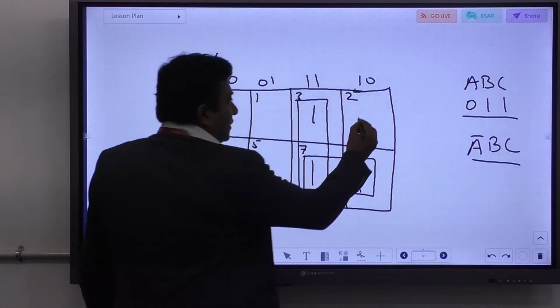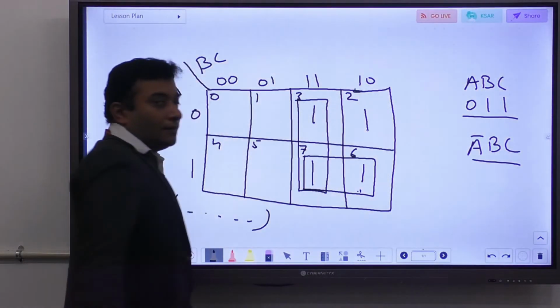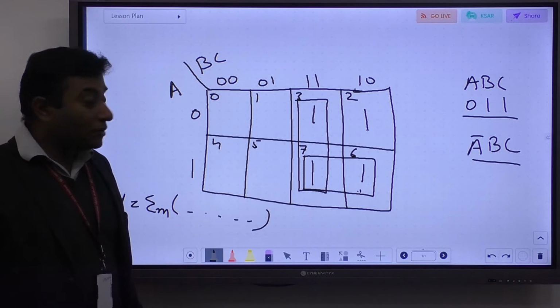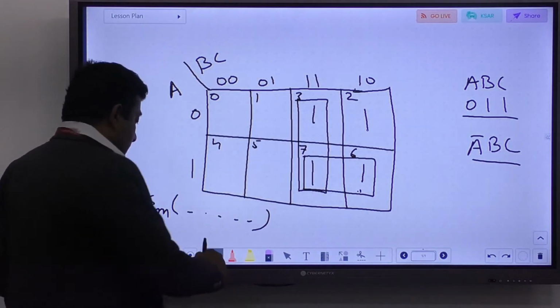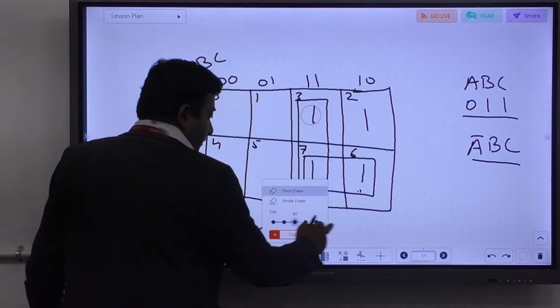Now, in this condition, in case this is also a minterm, we would not generate any pair for this.